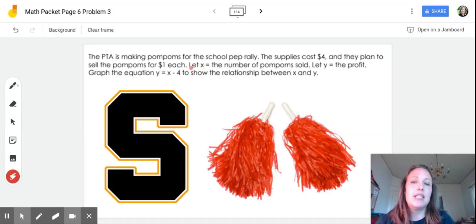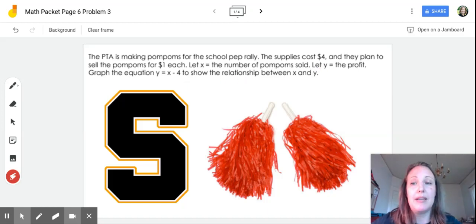So where it says let X represent the number of pom-poms sold, let Y represent the profit. So see this word profit? Profit means how much money you make after your costs are figured in. So if my costs are $4, it's how much money is left over after I have paid my costs.